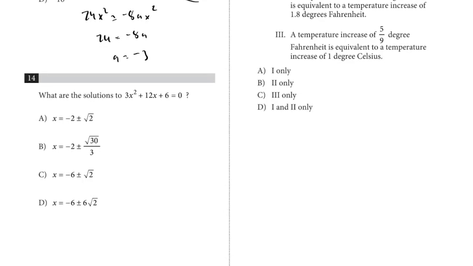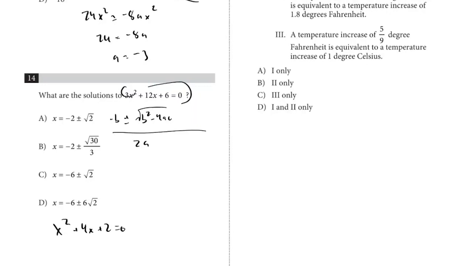All right, 14. What are the solutions to 3x squared plus 12x plus 6? All right, we need to use the quadratic equation, which is negative b plus or minus the square root of b squared minus 4ac all over 2a. And to simplify this equation right here, we'll divide each term by 3, and we will end up getting, let me rewrite this down here, x squared plus 4x plus 2 equals 0.